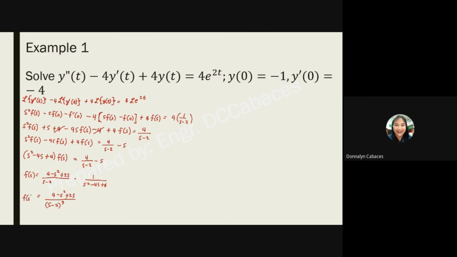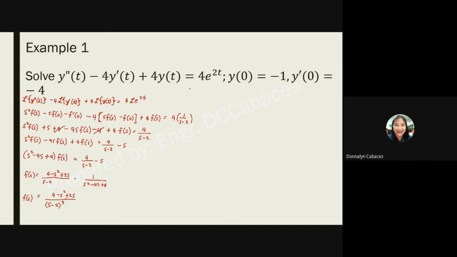And we are asked to find the solution for this, which should be a function of t. Then how can we solve that? Then we now apply the inverse Laplace transform. So we are to find the inverse of f of s, and we can evaluate that first by having the partial fraction. So let us have first the partial fraction.